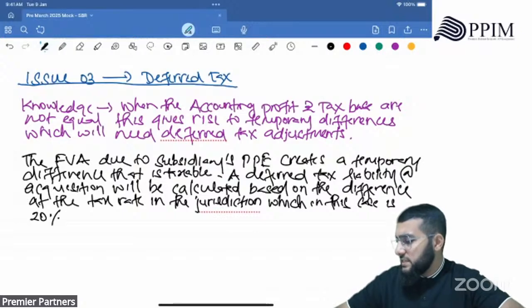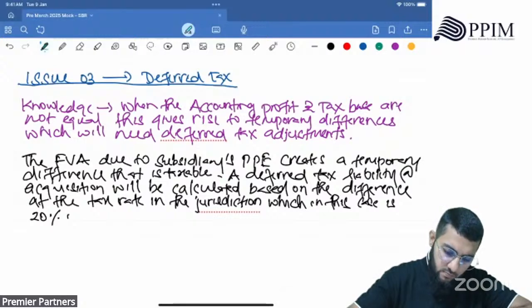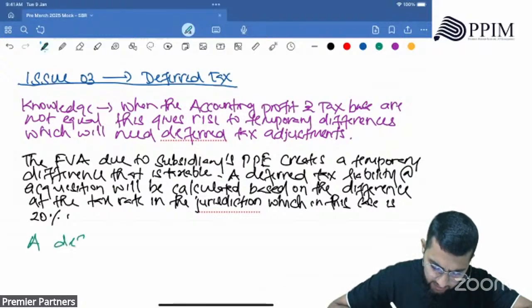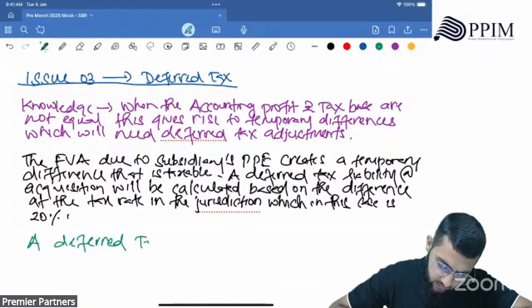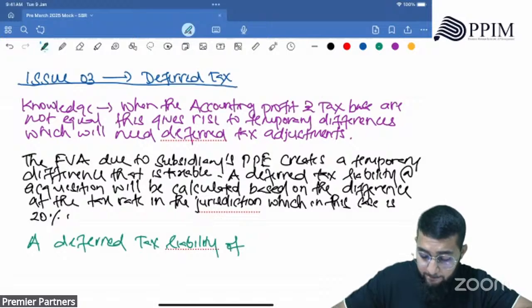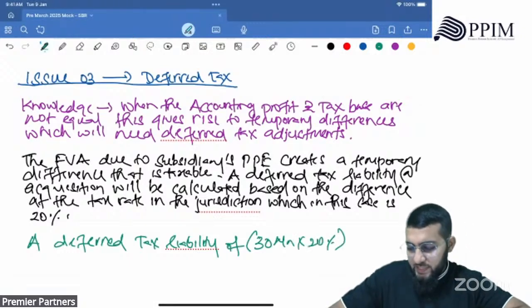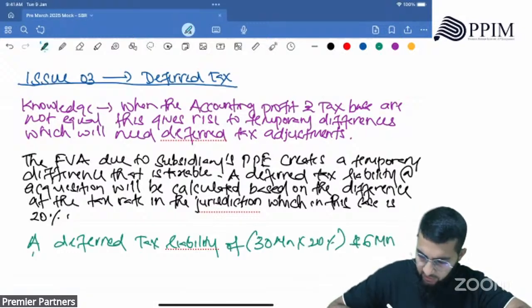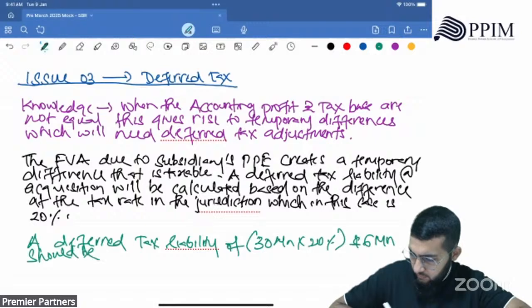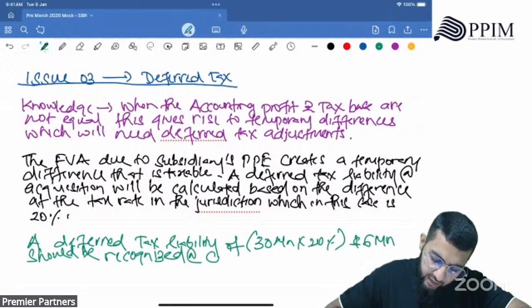Therefore, a deferred tax liability of 30 million into 20%, which is 6 million, should be recognized at acquisition.